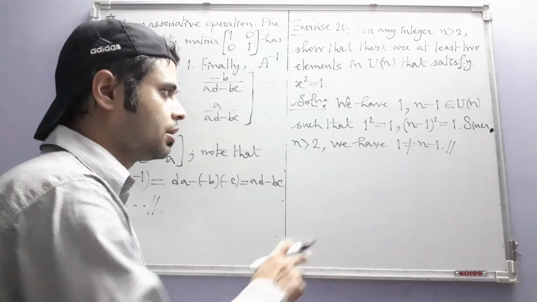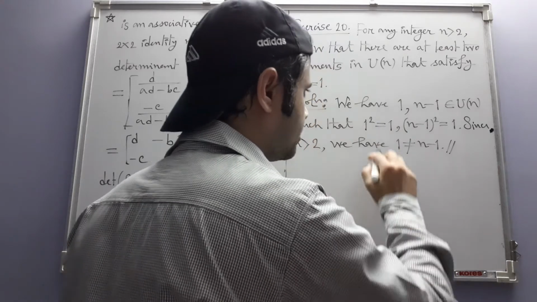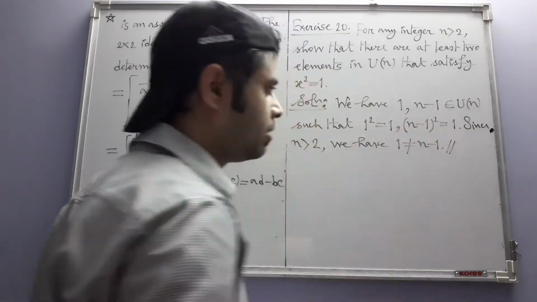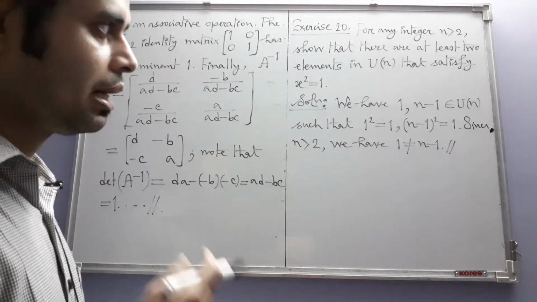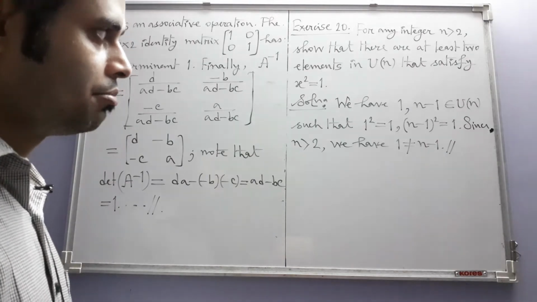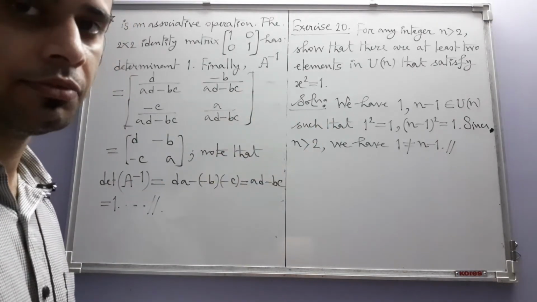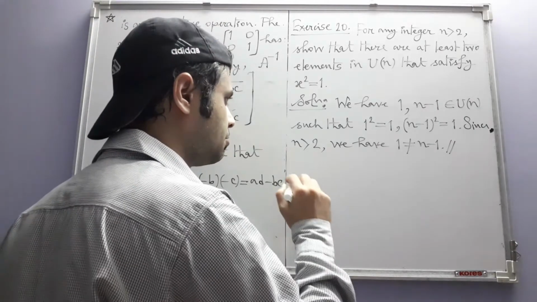Now the things I was mentioning, note that 1 is in Un always. In fact, it is the identity element, and 1 is also less than n and relatively prime to n. But is n minus 1 relatively prime to n? That is one question. Yes, it is. Why?